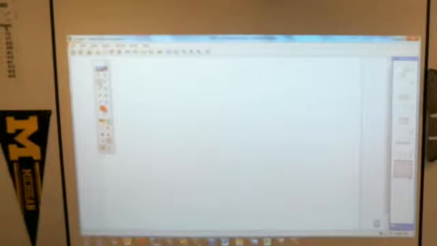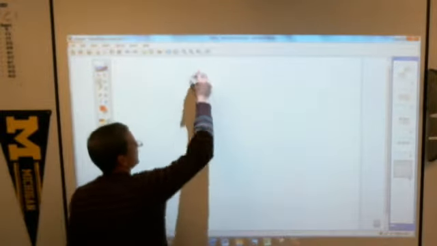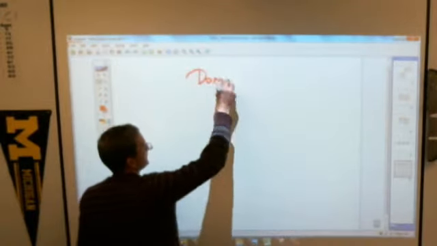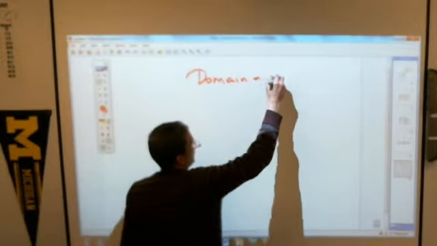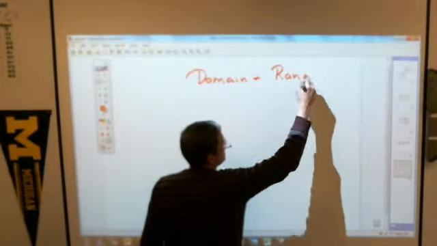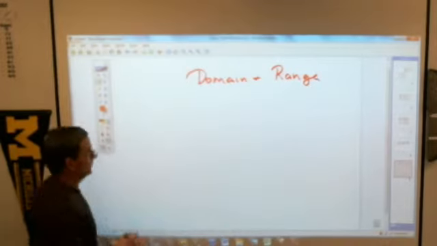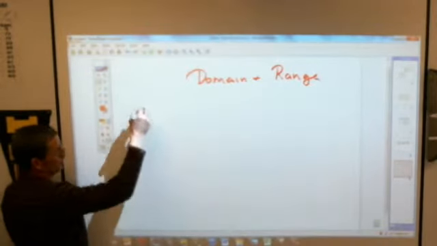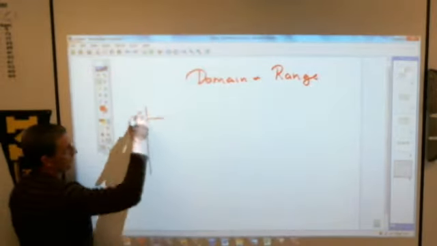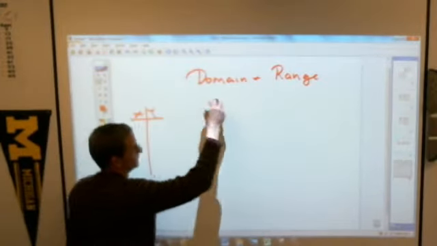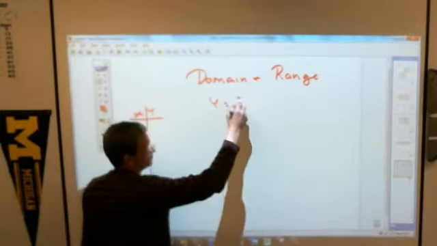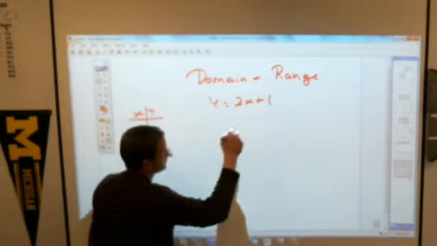when you have a graph, we have what are called the domain and the range. And if you remember, back in the day, let's say I've got this linear equation, y equals 2x plus 1.